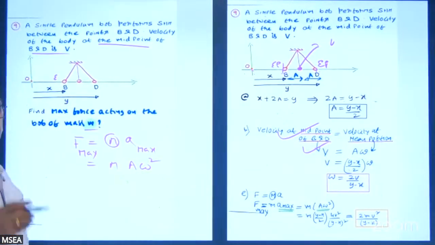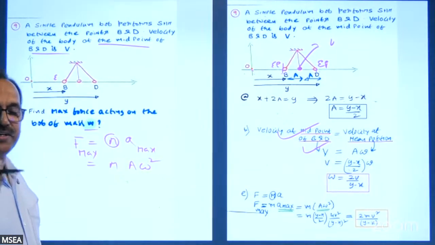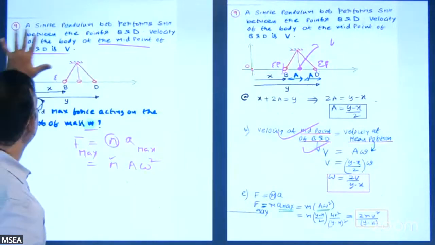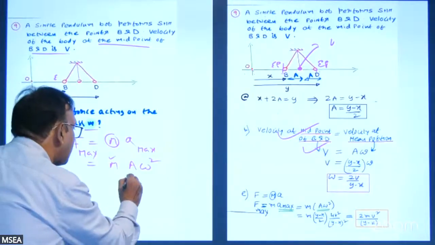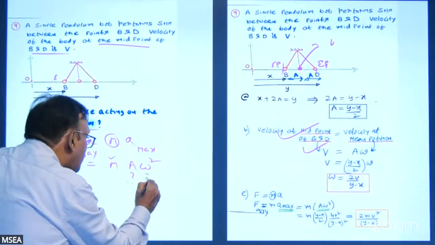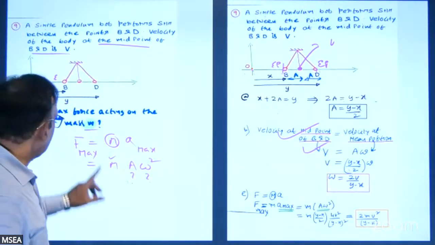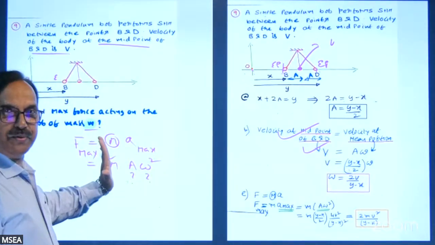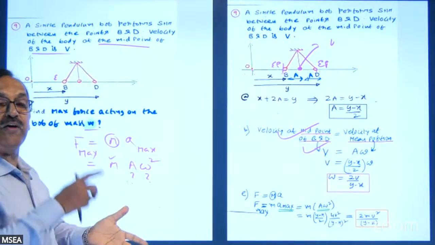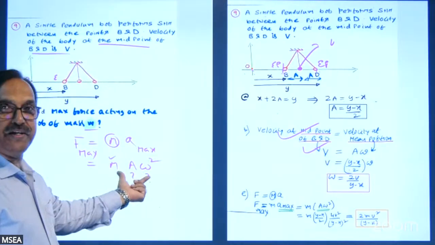Maximum speed is a omega, maximum acceleration is a omega square. Here, mass is given, but amplitude and omega are nowhere given. So I have to calculate both a and omega and put them in.